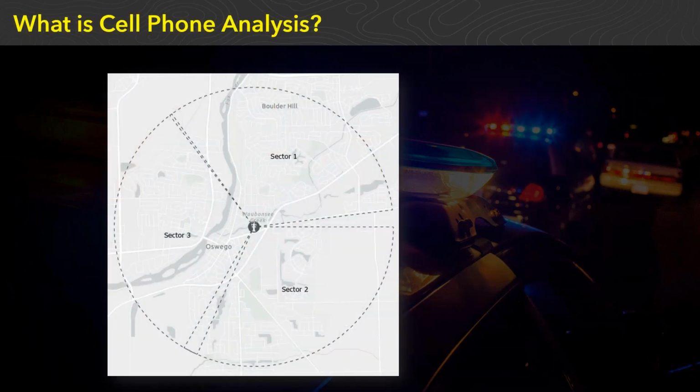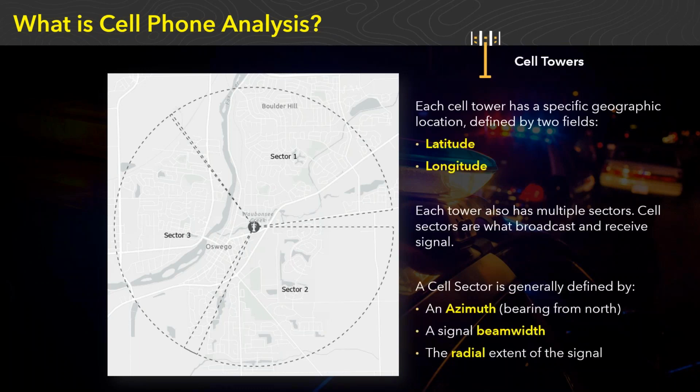So if step one of cell phone analysis, at least from a geographic standpoint, is to be able to render on a map the location of the cell tower and an approximate area in which the sector is emitting signal, how do we do that? Well, generally we're looking for about 5 main fields in any data set.